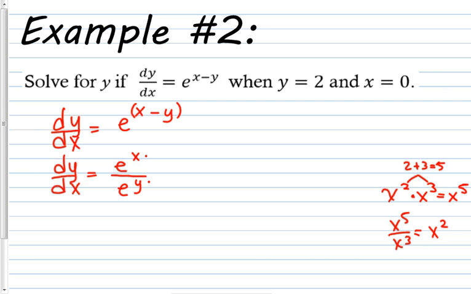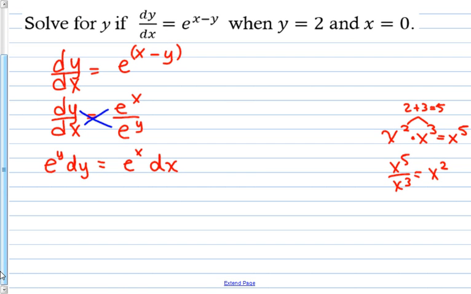Okay, so now if you notice, this is actually really convenient for me because I can just cross multiply to get the dy with the e to the y and get the dx with e to the x. So now I have e to the y power dy equals e to the x dx.